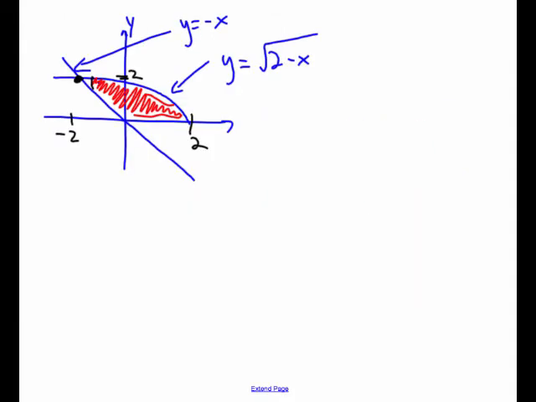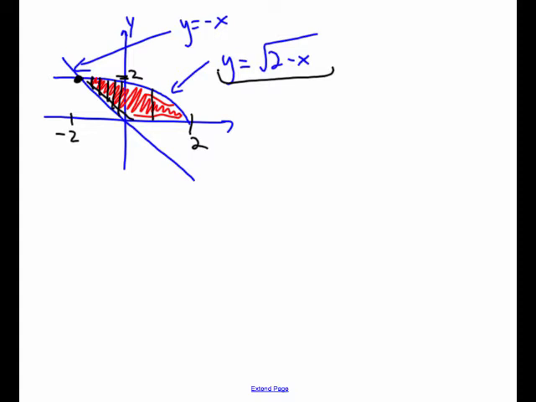Okay, here's another example that's a little bit more complex. I want to find the area shaded in red. So if I run my rectangles vertically from left to right, from -2 to 2, I'll notice that until I get to the y-axis, my height is determined by the top function, which is the root of 2 minus x, minus the bottom function. After I pass the y-axis, though, my height is simply the height off of root 2 minus x.